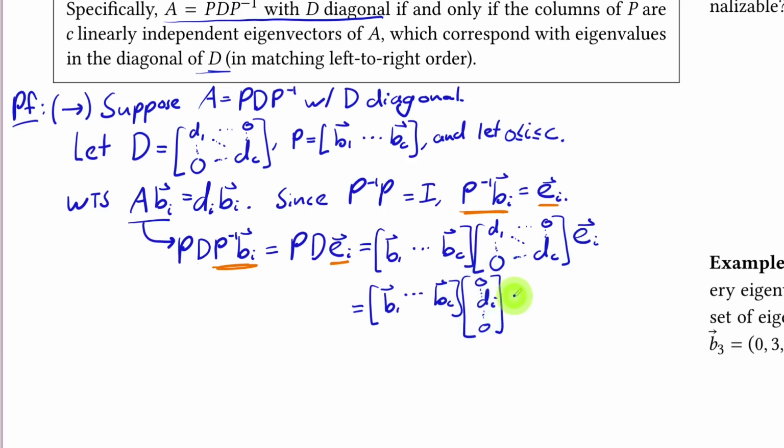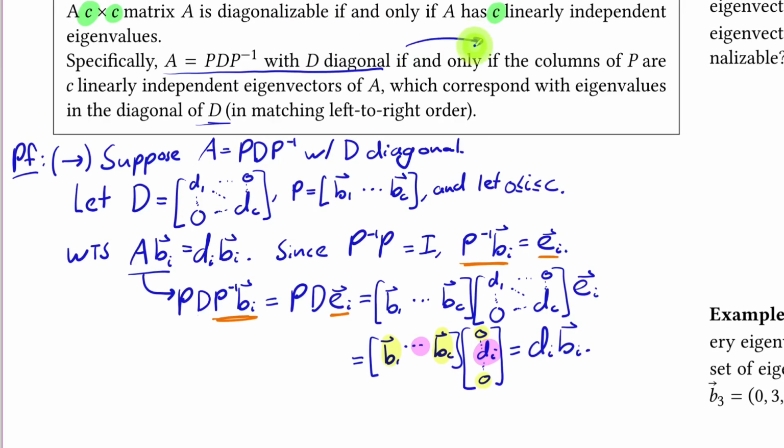And this is just a linear combination where we do 0 times everything except that DI times column I of P. We just get DI times that column, which is what we're trying to show. We're trying to show that A times BI is equal to DI times BI, which means that BI is an eigenvector of A corresponding with eigenvalue DI.